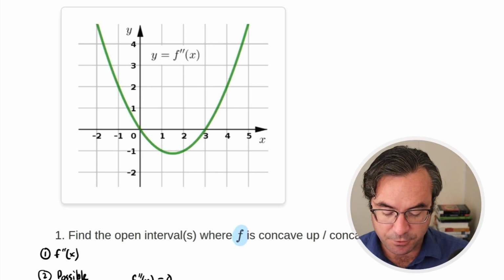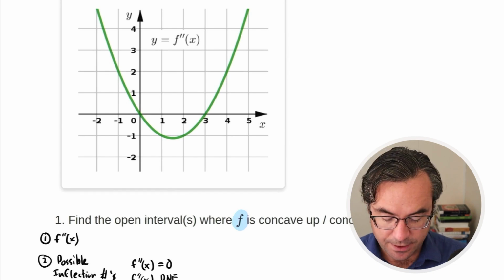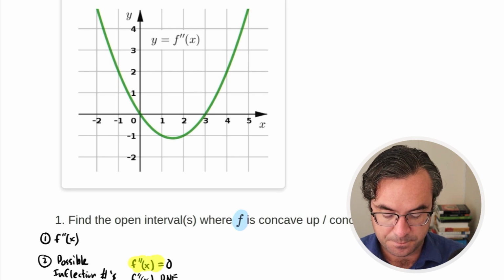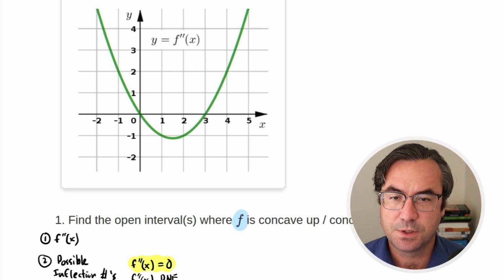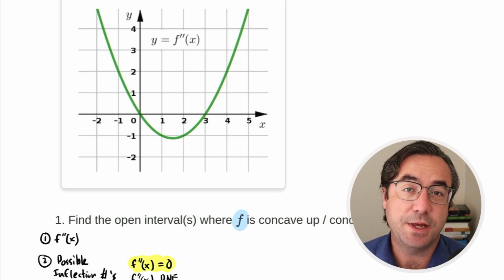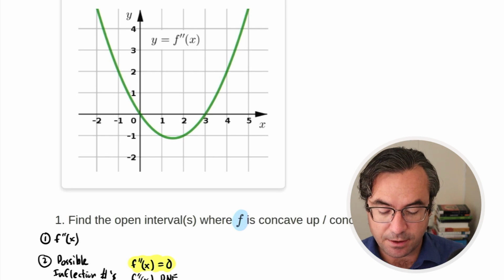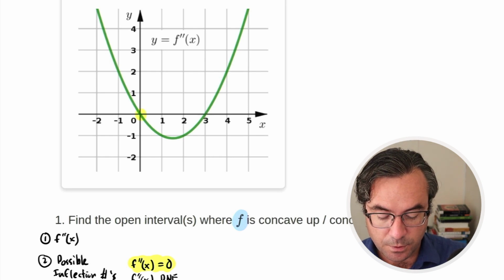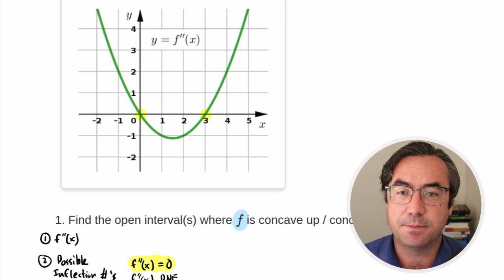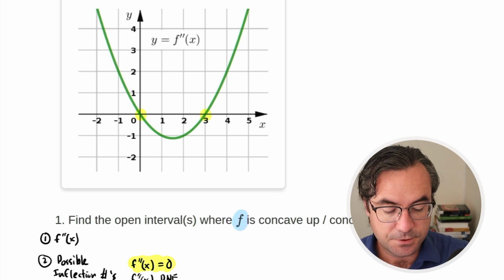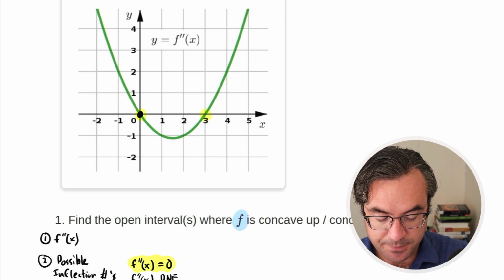So the only one we really have to worry about is where is the second derivative equal to 0? Well, this is where it crosses the x-axis. So we want to look at where the points are where we cross the x-axis. And we see 2 of them. So those are our 2 special points.